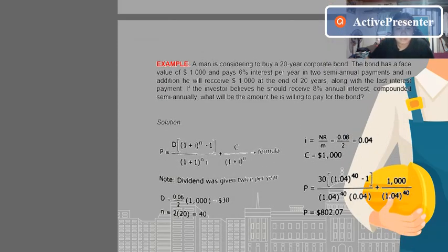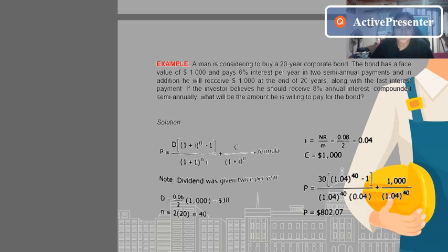We have a man considering buying a 20-year corporate bond. The bond has a face value of 1,000 US dollars and pays 6% interest per year in 2 semi-annual payments. In addition, he will receive $1,000 at the end of 20 years along with the last interest payment.